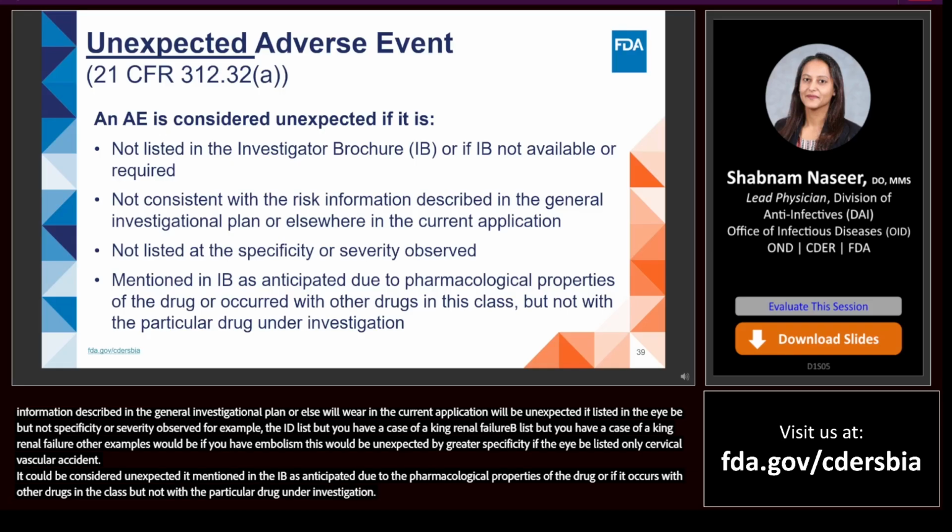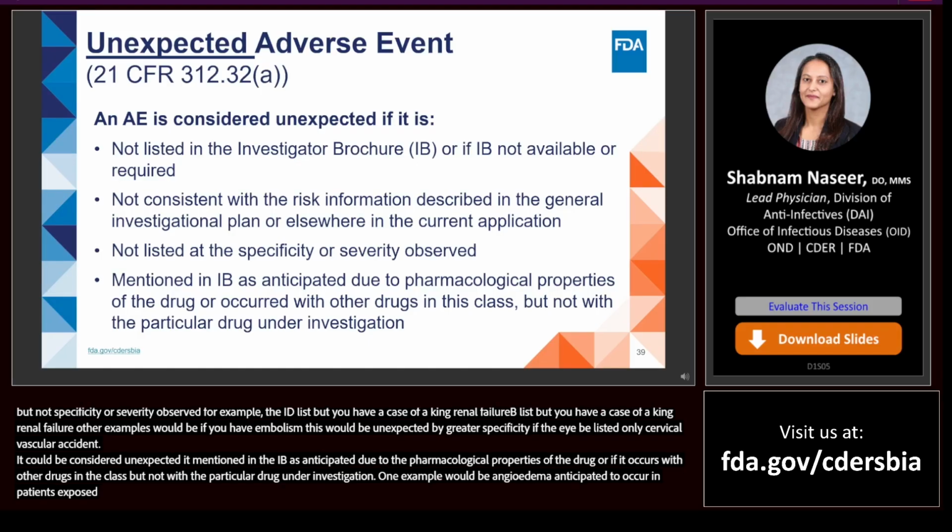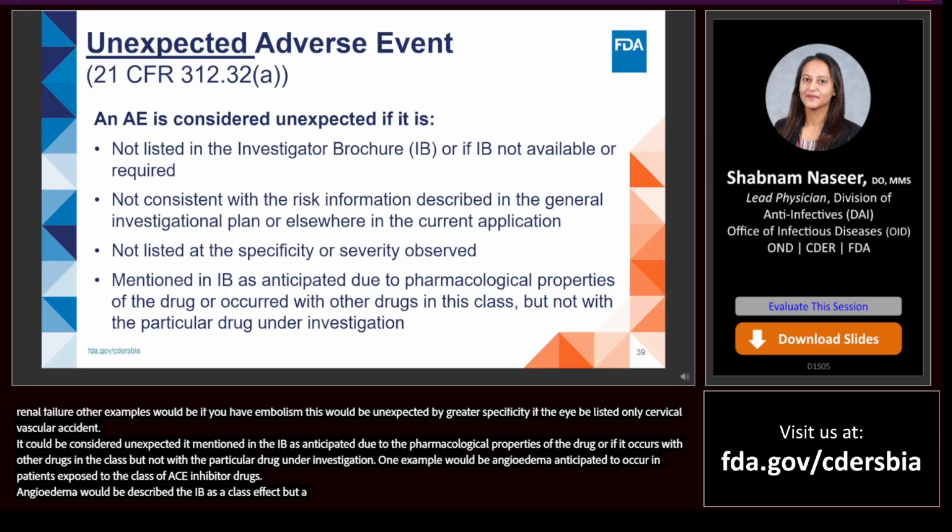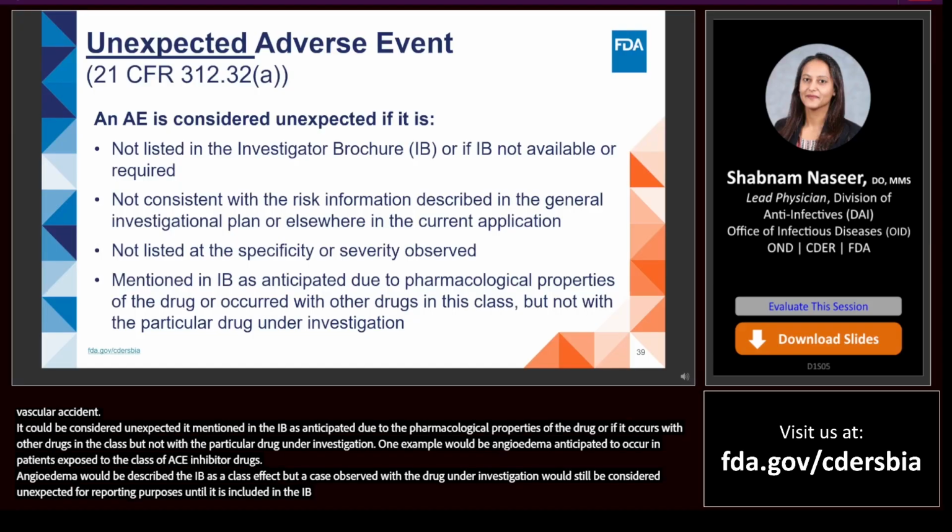One example would be angioedema. It's anticipated to occur in patients that are exposed to the class of ACE inhibitor drugs. Angioedema would be described in the IB as a class effect, but a case of angioedema observed with the drug under investigation would still be considered unexpected for reporting purposes until it's included in the IB as occurring with the drug under investigation.